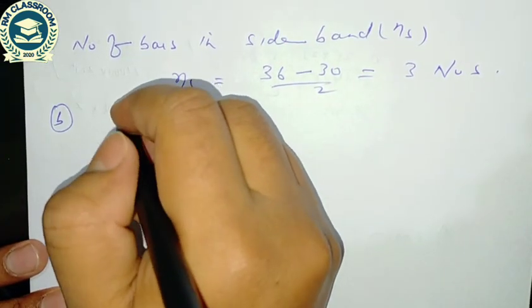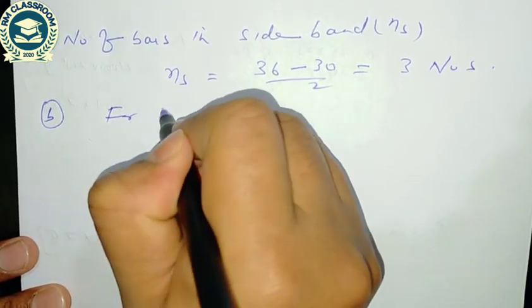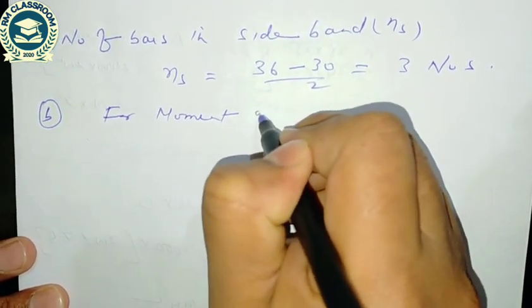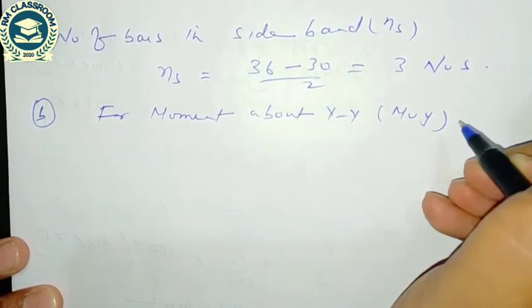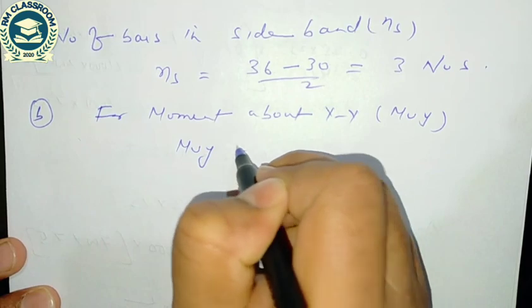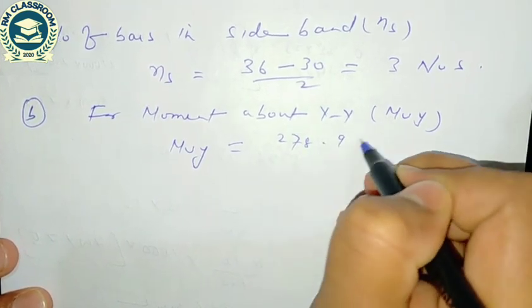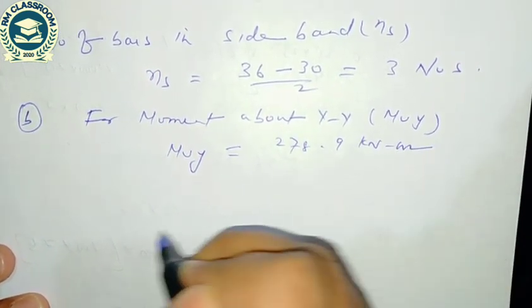So for moment about YY, that is MUY, and MUY we have computed 278.9 kilonewton meter.